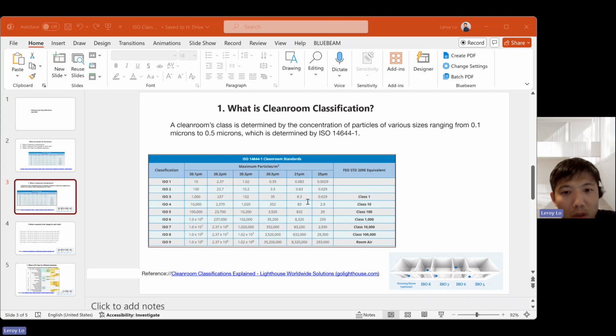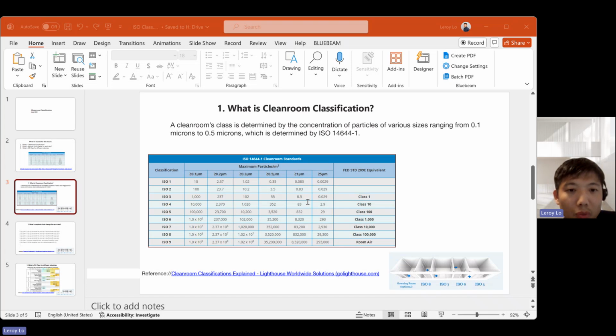All those features add up, and the higher the clean room level, the higher the cost. There are a lot of different requirements to support this system.